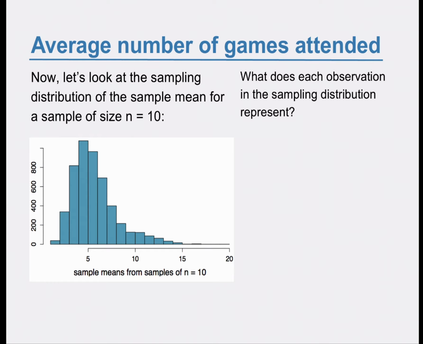So, each observation in the sampling distribution represents the mean of one sample of 10 people. So this, right here, is one sample of 10 people with a mean of, it looks like, 16 or 17.